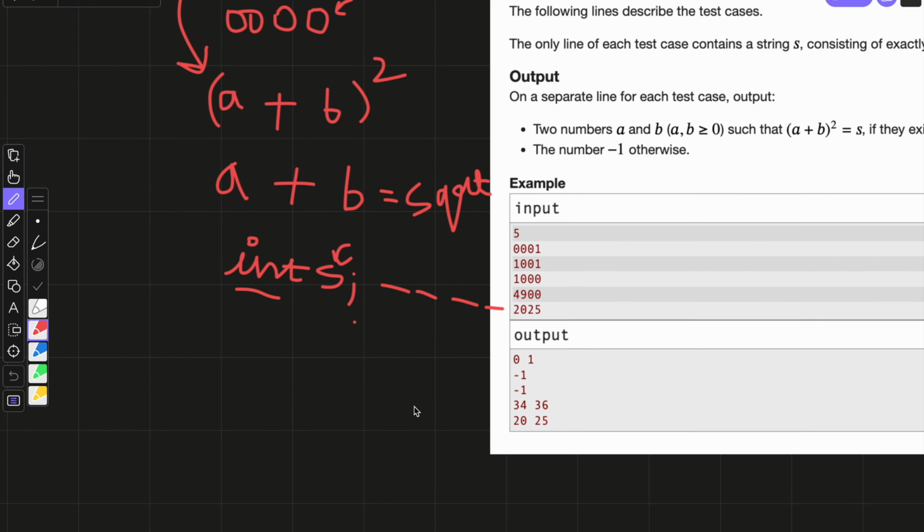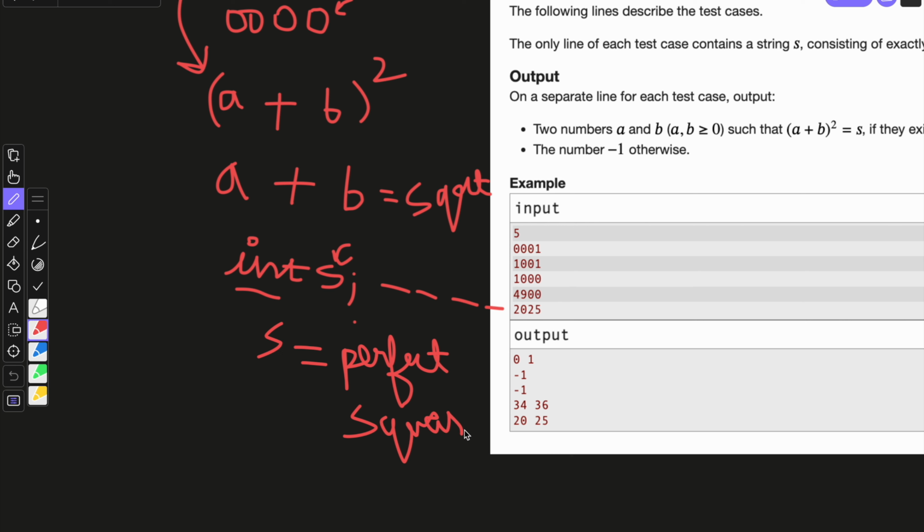For solving this, we must ensure that s is a perfect square. And why must s be a perfect square? Because if it is a perfect square, it can be represented as (a + b) whole square.